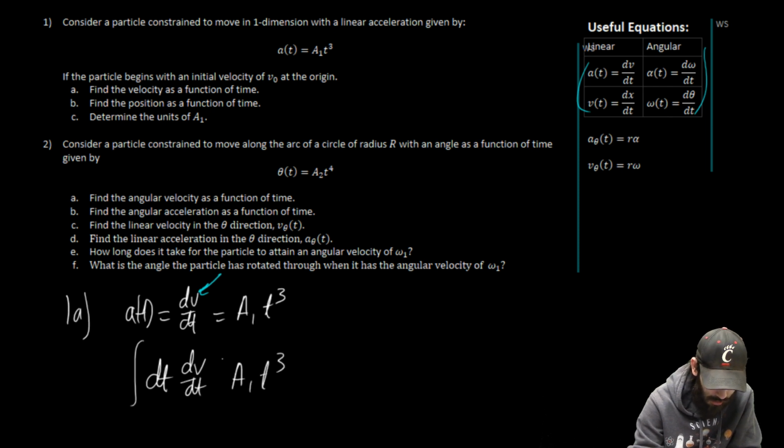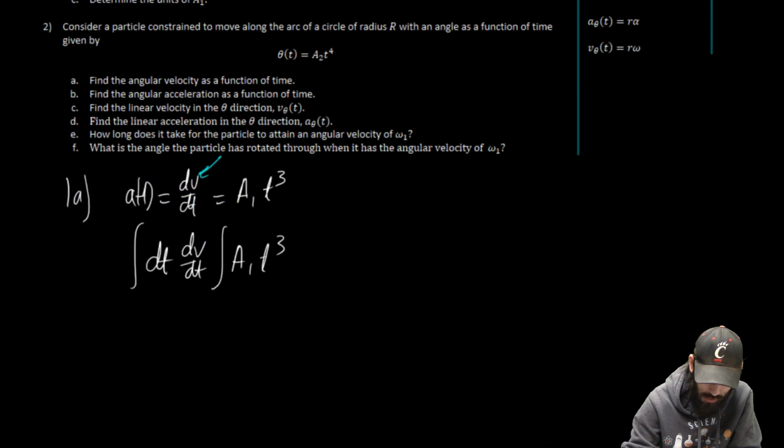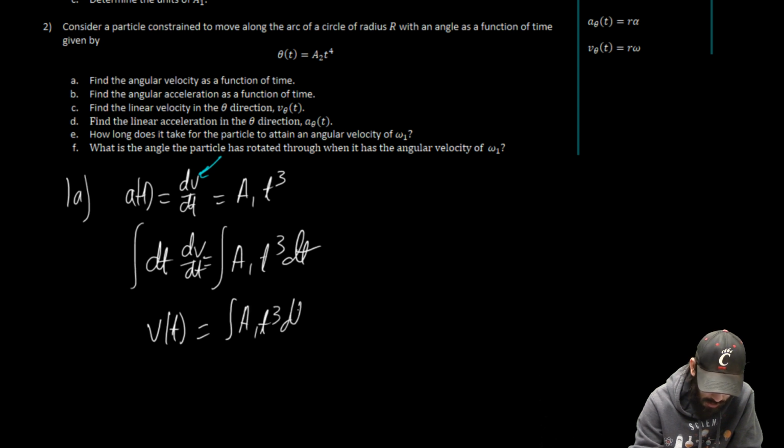And then we're going to integrate both sides. And so when we do that, we end up having v of t equal to the integral of a1 t cubed dt, which is going to be equal to a1 t to the fourth over 4 plus some constant of integration.